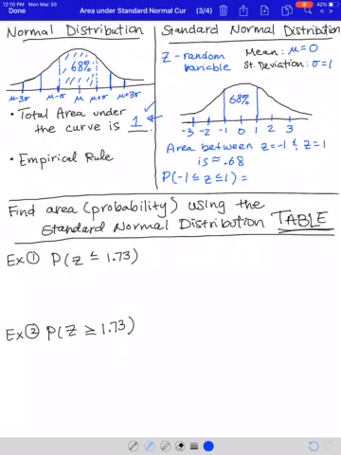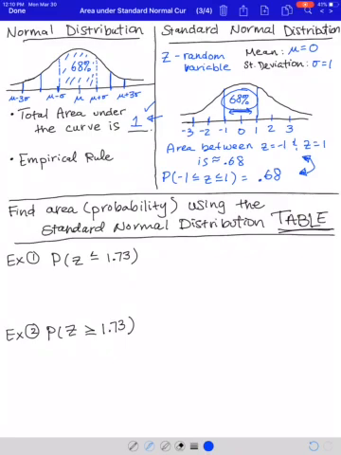What is the probability, if we were to choose a data item at random, that it would land within this interval between -1 and +1? That probability is the 68%, or 0.68. So basically, we can talk about the area under a curve, or we can talk about the probability, and they just mean the same thing.